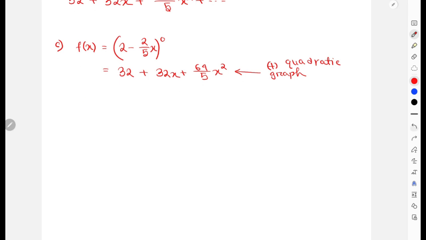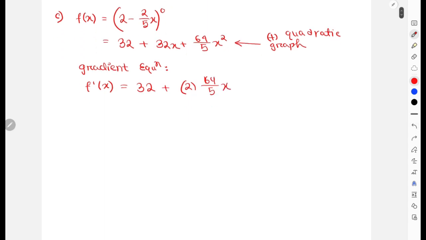So the equation for your gradient is basically going to be f prime x, and that will be, 32 will entirely vanish as it doesn't have any x associated with it. So this one becomes 32, and this one actually becomes 128 because the 2 comes in front. 64 divided by 5 with x to the power of 1, and eventually we can write this as 32 plus 128 divided by 5x.